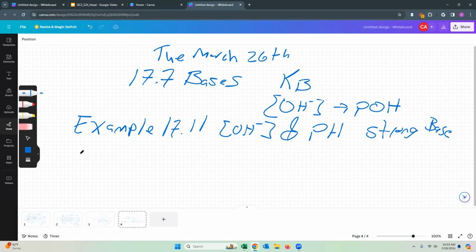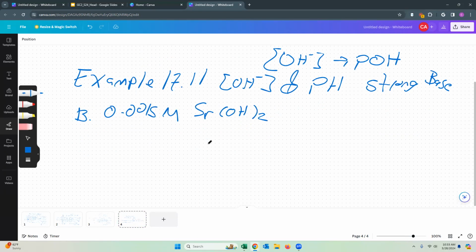And what I would like you to do is try B. B has 0.0015 molar Sr(OH)2. So what I want you to do is write, this is a strong base, so write your equation plus water, and then tell me how much OH concentration you have and then what your pH is.